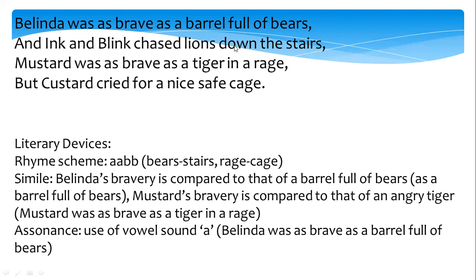And Custard, in contrast to all of them, as they all are considered brave, but Custard is considered a coward. And Custard is always looking for a nice safe cage, always demanded a nice safe cage.